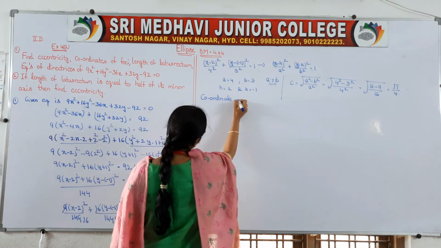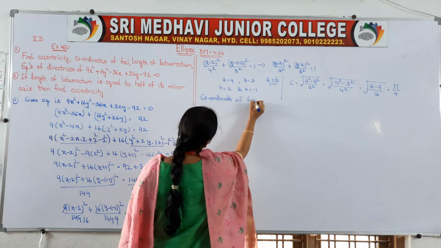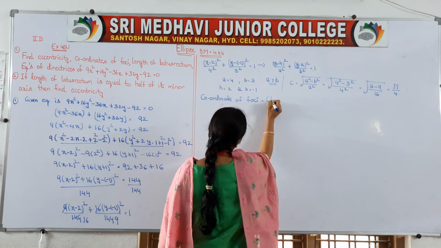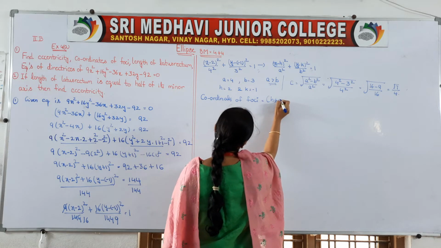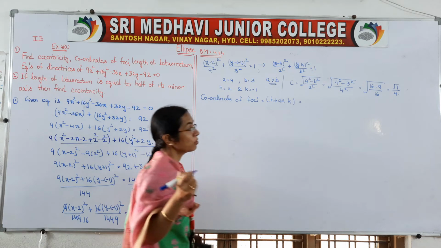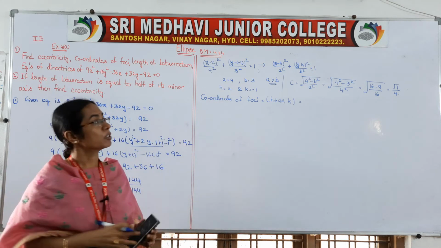After finding eccentricity, we have to find the coordinates of foci. What is the formula? It is h plus or minus ae comma k. You have to learn the formulas by heart, you should not learn the method by heart.